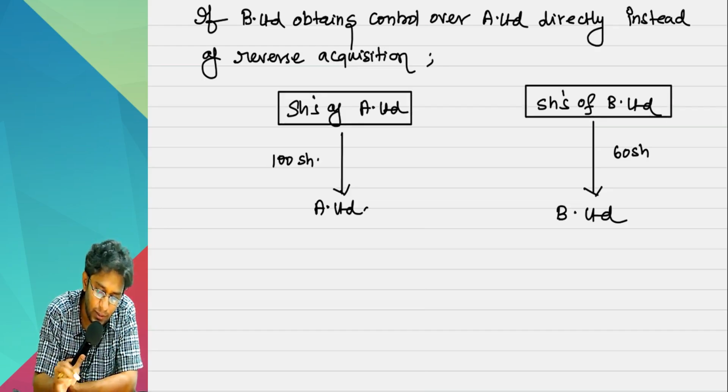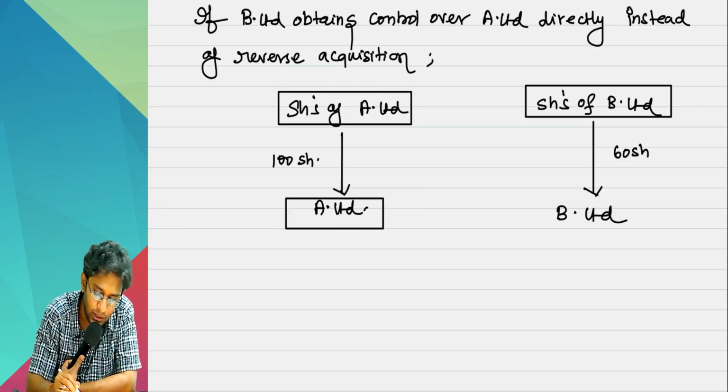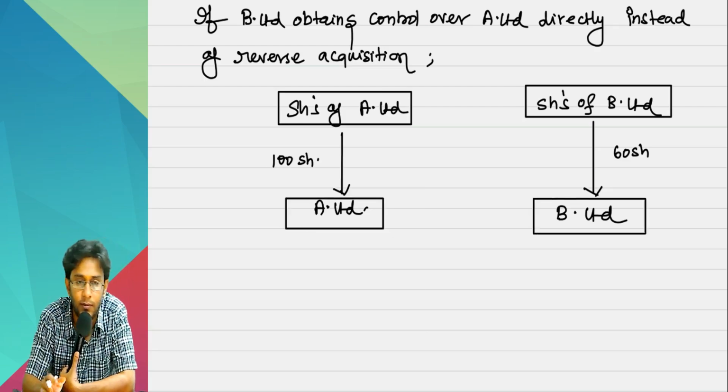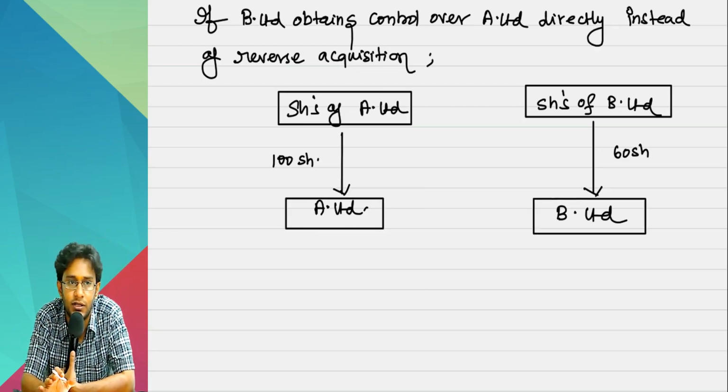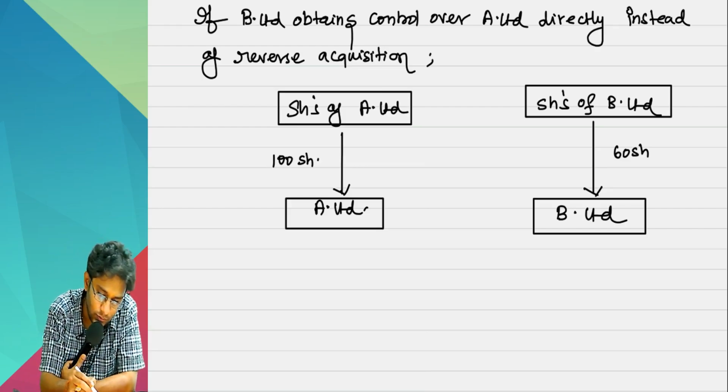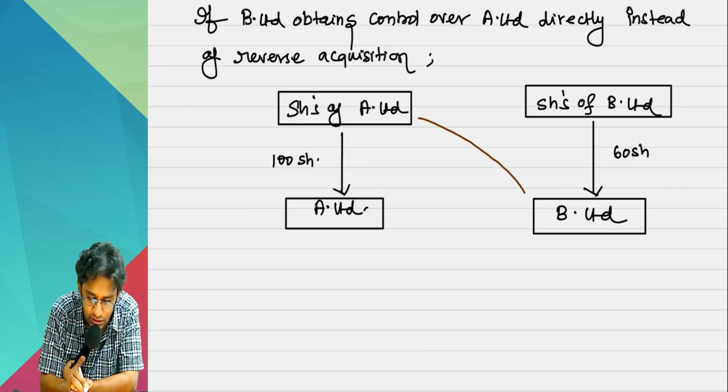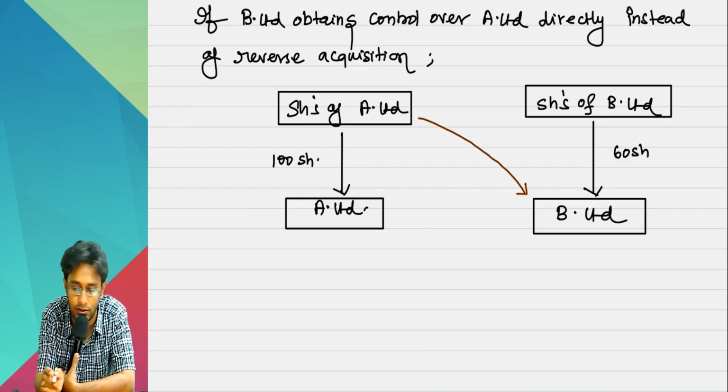So instead of A buying 100% shares in B, this time we will make B buy 100% shares in A. Had the transaction been done directly without any cheating and reverse acquisition, it would have looked like this.